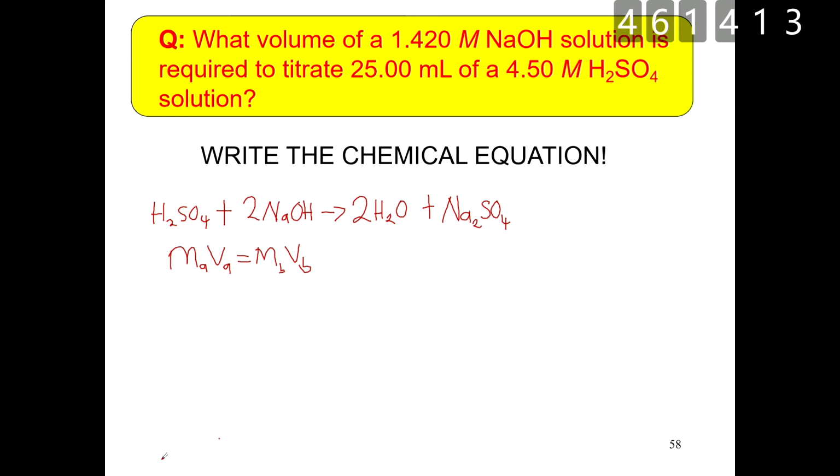So if here it is 1 to 1, maybe you can use this equation. But now it's 1 to 2. The number of acid is just half, right? So this is 2 times of this.